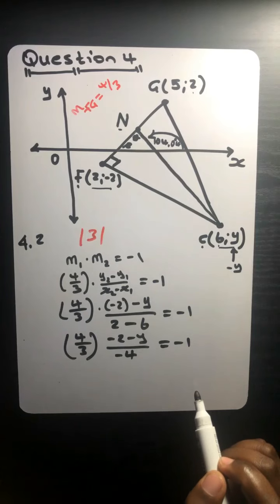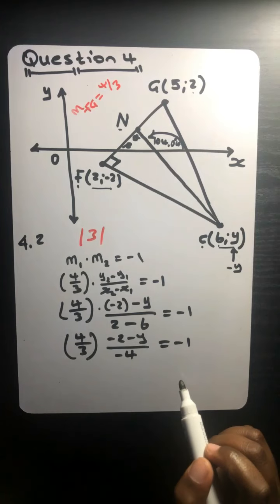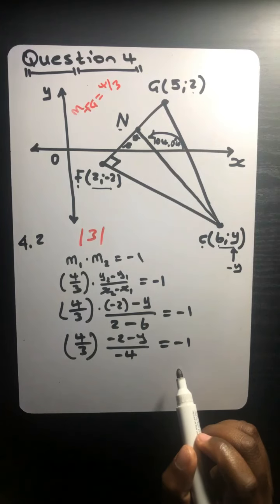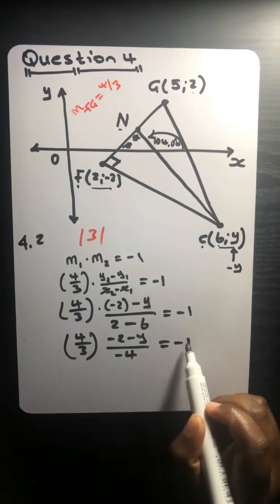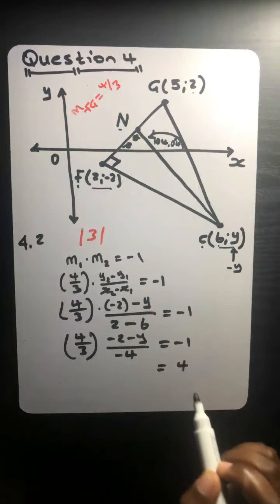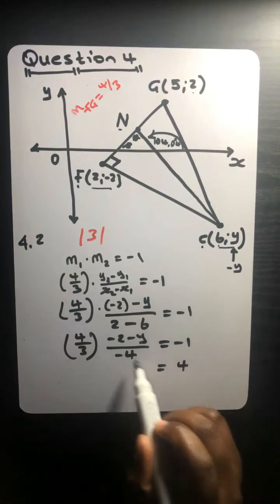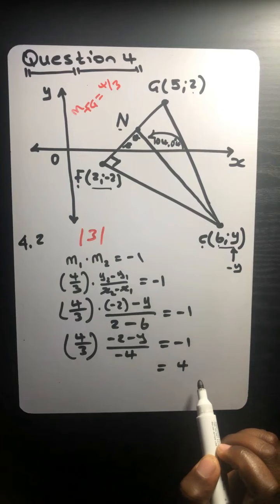If you are able to solve for the unknown, you will never go wrong in mathematics and physical sciences. So let's see. Obviously, the first thing that you can do is to cross multiply. Then you've got +4 on the right side because negative times negative is positive. 4 times 1 is 4.